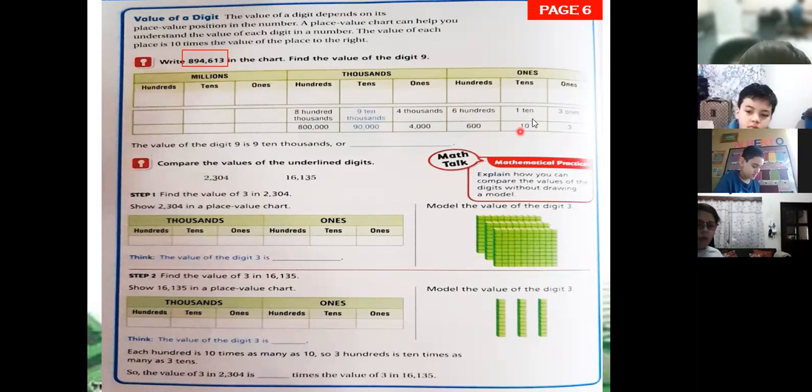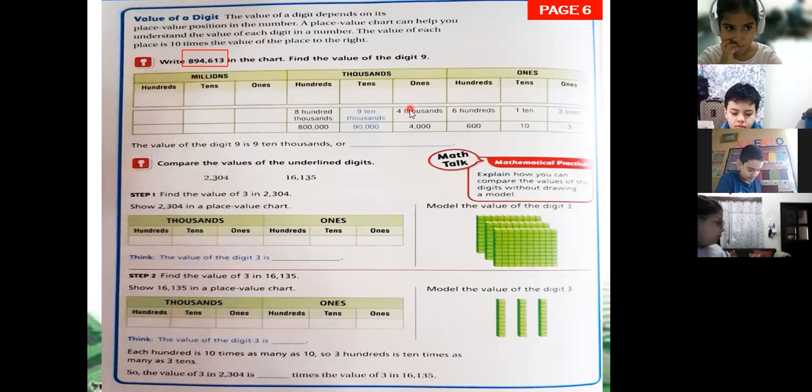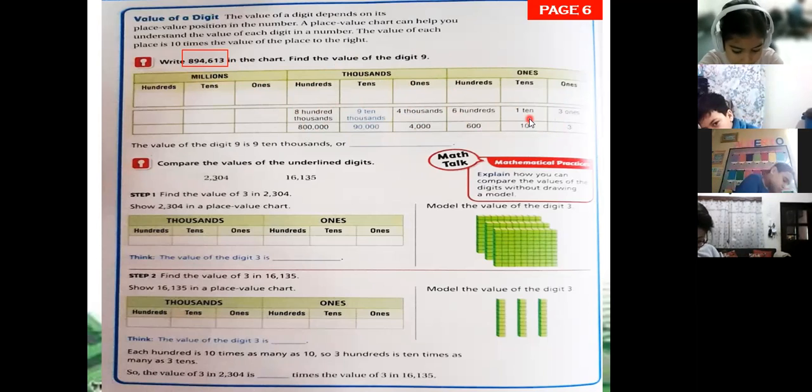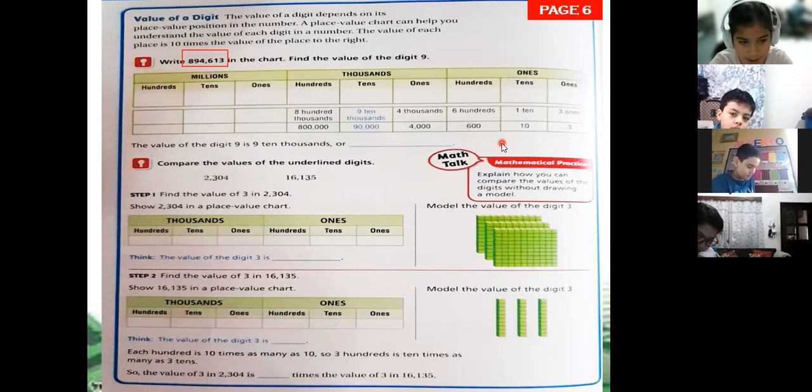So this is the representation of this number, 894,000, because it's on the thousands, and 613. The value of number 3 is just 3 ones. The value of 1 represents 10. 6 is 600. Here we have it in letters first, and down we have it in numbers. Now, the question is here. What is the value of the digit 9?